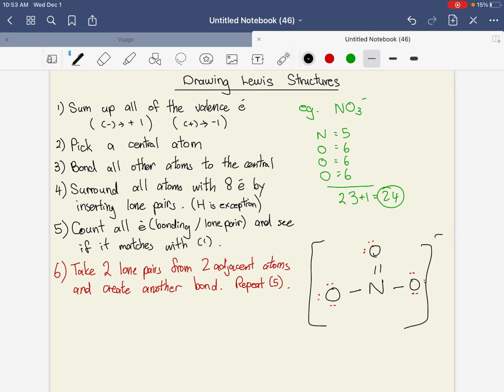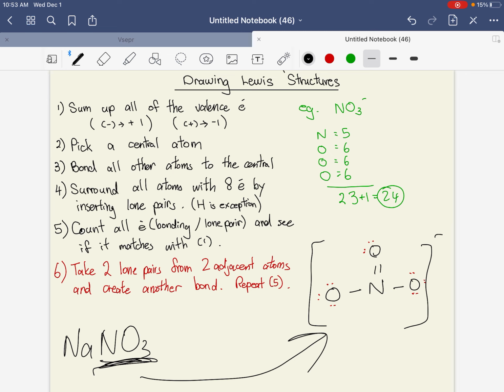So if somebody were to say, hey, can you draw me NaNO3? You know for a fact that NO3 is a polyatomic ion. That's this. Sodium has a +1 charge. So between sodium and nitrate, that is an ionic interaction.